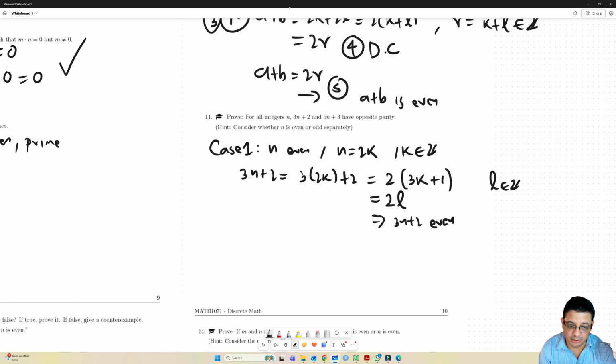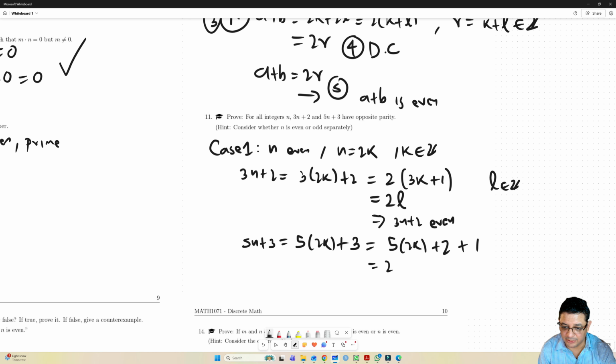Okay? Now, let's take a look at what happens if we do 5n plus 3. 5n plus 3 is 5 times 2k plus 3. But I can just write this as 2 plus 1. So this is 5 times 2k plus 2 plus 1. And I'm simply going to factor 2. And if I factor 2, I get 2 times 5k plus 1, plus 1.